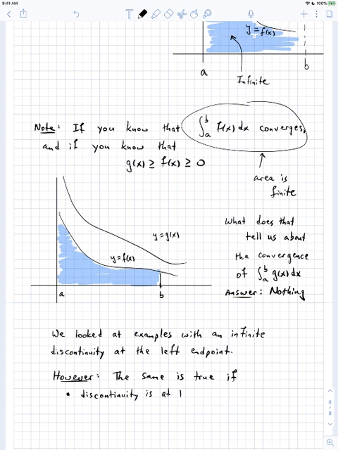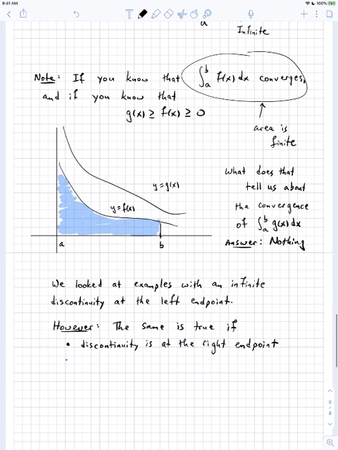So let's say at the right endpoint. Or anywhere else, because if you have an improper integral with the discontinuity in the middle, you have to break it apart into two separate integrals over different intervals. One where you'll have the discontinuity on the left and one where you'll have it on the right.